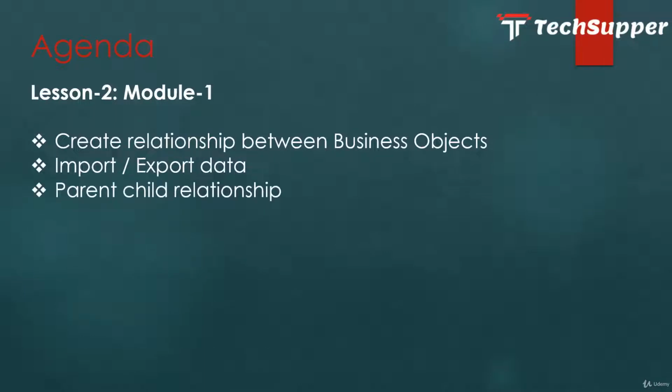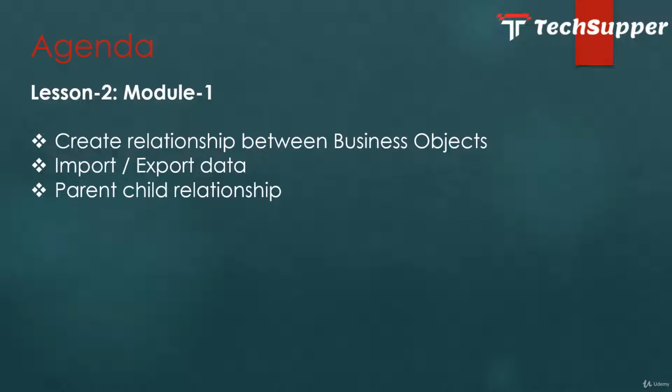Then we will see the parent-child relationship on a web page. For example, if we have two objects, one is employee and another is address. And address has the address of a particular user, right? One employee can have multiple addresses.